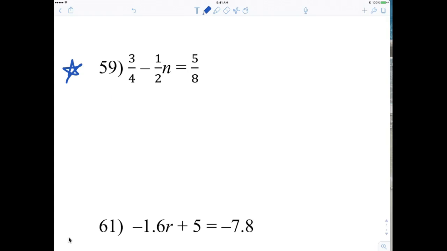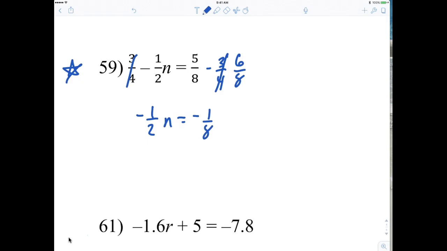I would want you to be able to, by now, tell me what 5/8 minus 3/4 is. Negative 1/8, right? 3/4 is 6/8. So now I have negative 1/2 n is equal to negative 1/8.